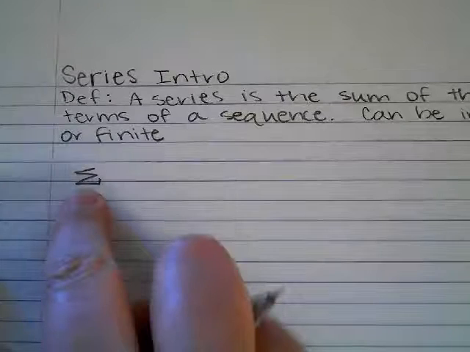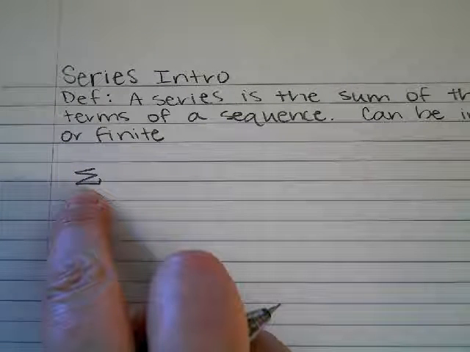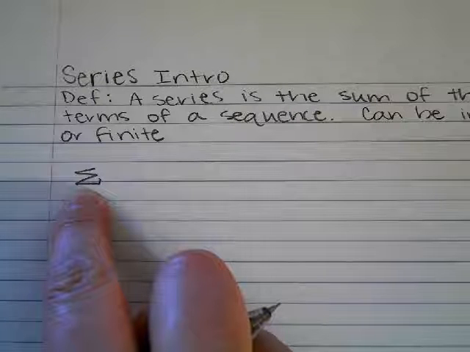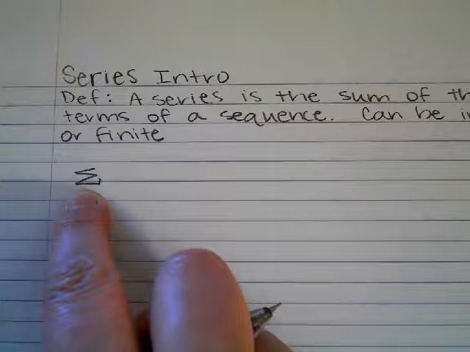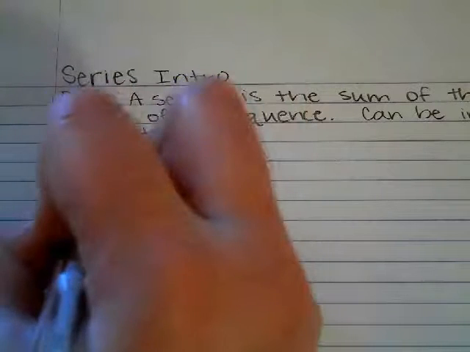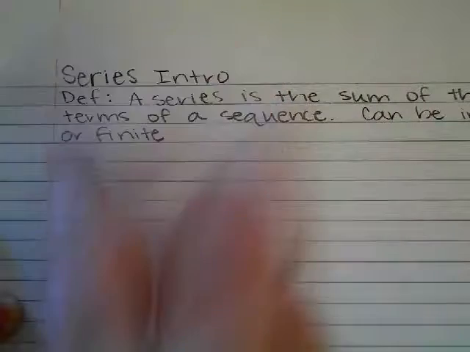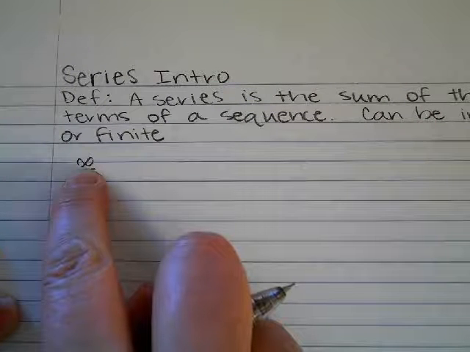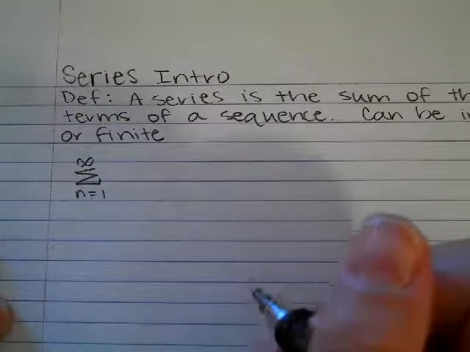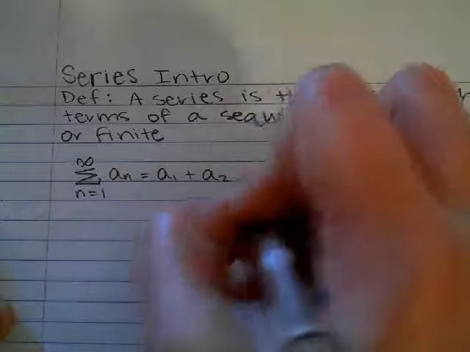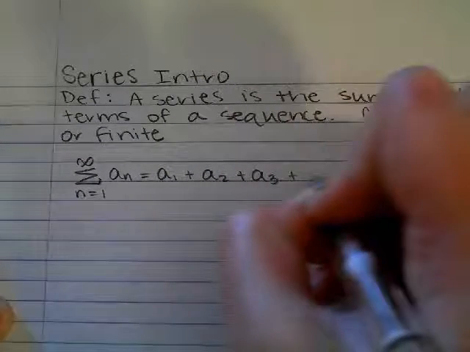All right, so this is the Greek symbol for summation. It's how we're going to write sums out in shorthand. So summation, we're going to say n equals 1, so the first term, all the way to the infinity term, so going forever. So the sum of a sub n equals a sub 1 plus a sub 2 plus a sub 3 plus a sub 4 plus dot dot dot.